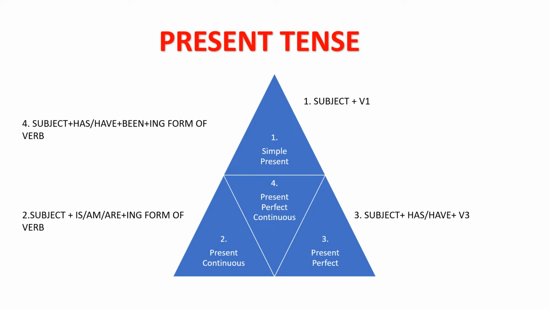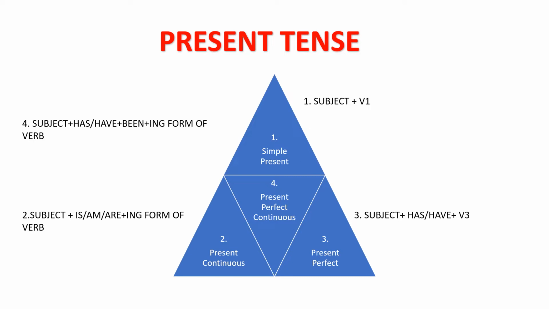For present perfect tense, the formula is subject plus has or have plus third form of the verb. And for present perfect continuous, the formula is subject plus has or have plus been plus ing form of the verb. Each tense has a different formula obviously.